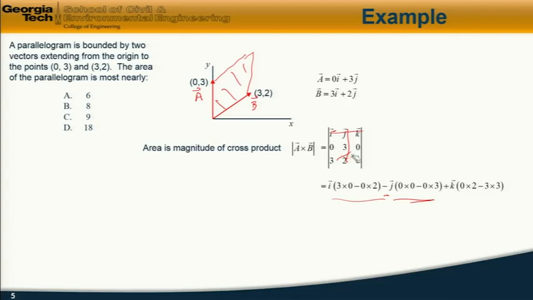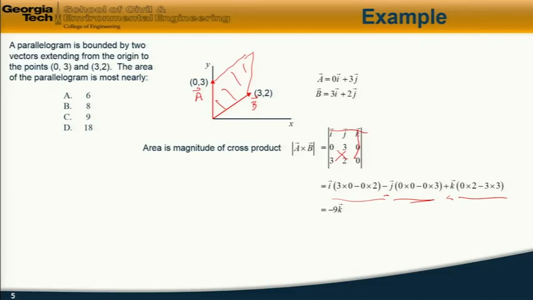And finally, the k component, the only one which is going to be non-zero, is equal to k times 0 times 2 minus 3 times 3. In other words, it's equal to minus 9k is the vector cross product.